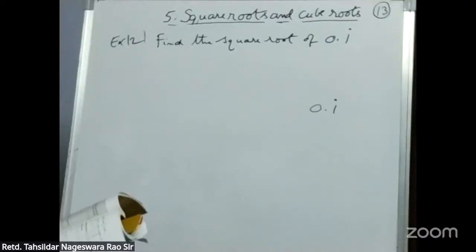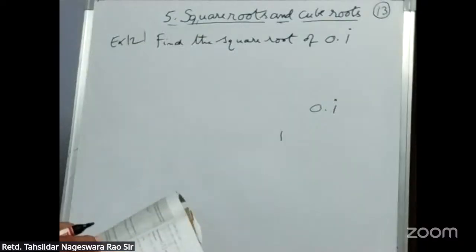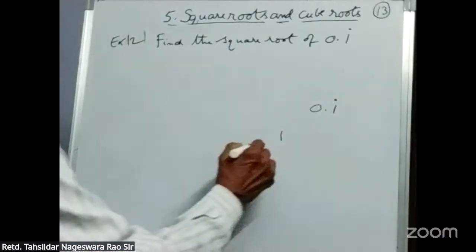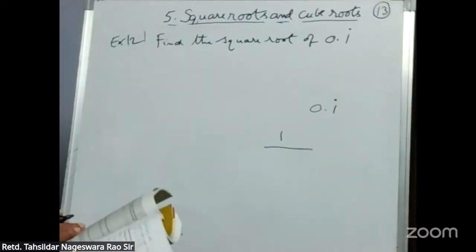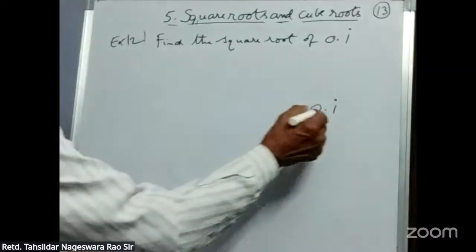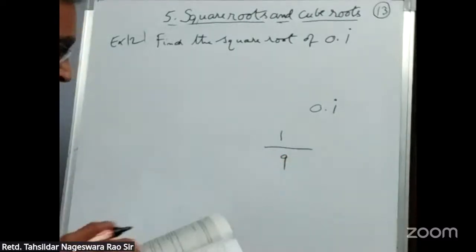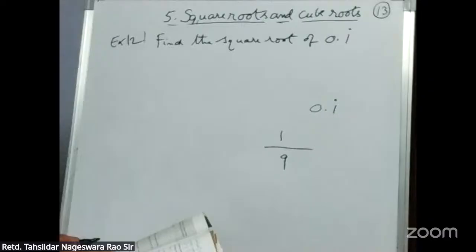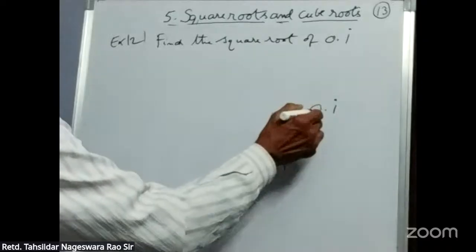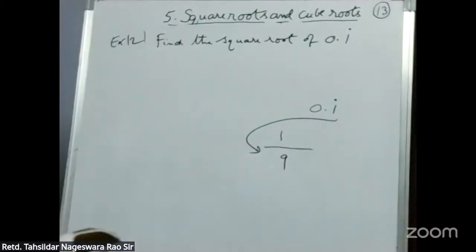To convert into a fraction, write the repeated figures only once in the numerator and take as many nines in the denominator as the number of repeating figures. The number of repeating figures is 1, so only one 9. So this will be equal to 1 by 9 only.